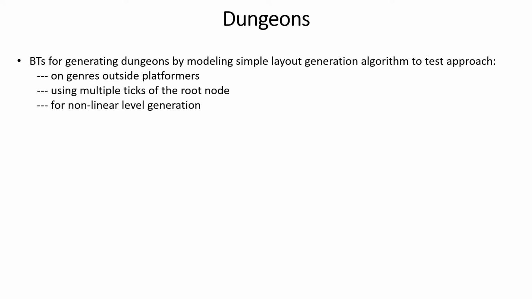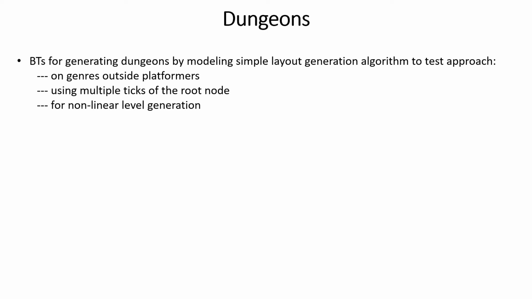So moving on to dungeons, in this case, we implemented behavior trees for generating layouts for Zelda-style dungeons, and the motivation for this was, well, we want to try this approach for genres other than platformers like Mario and Mega Man, but also we want to test out other features of behavior trees when used for generation.